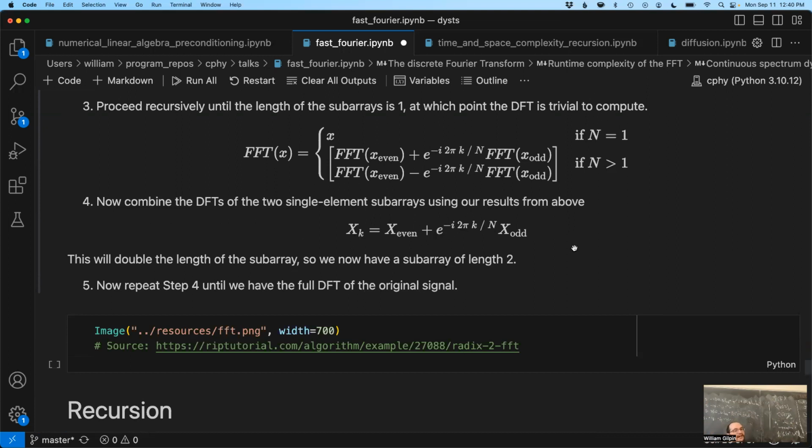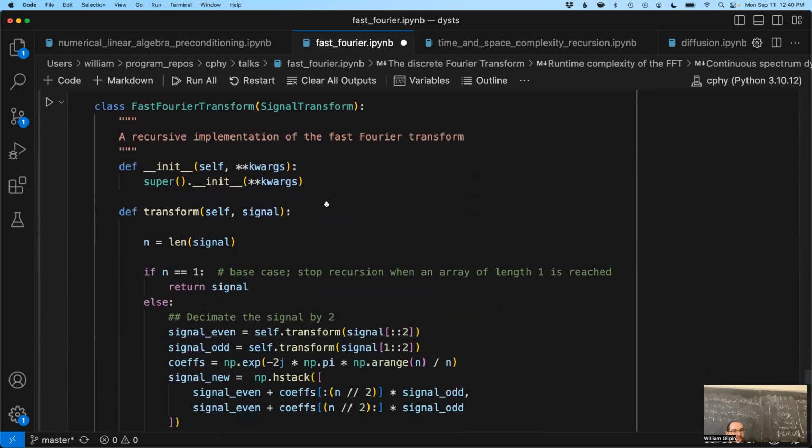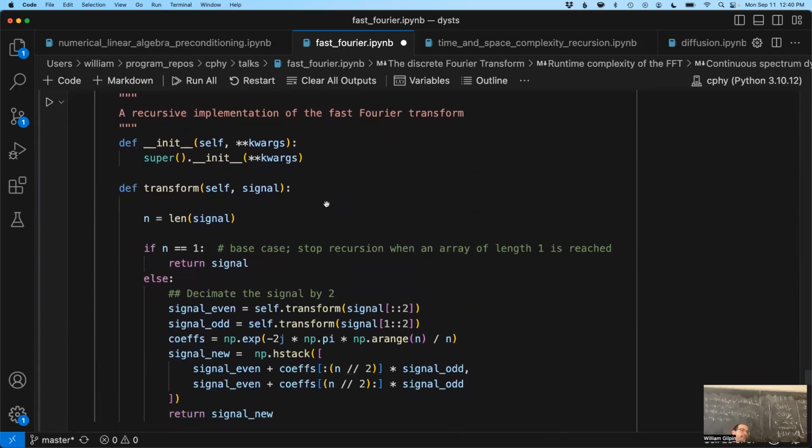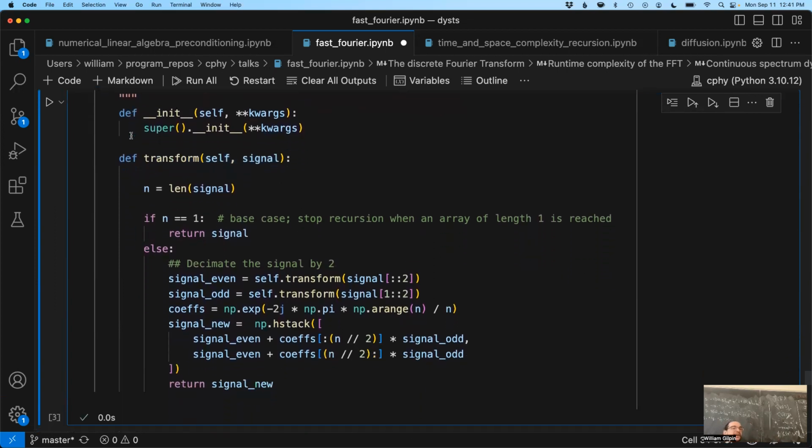So the math on that, I don't think is super transparent, but I think the code is a little bit easier to see. So my fast Fourier transform implementation, just like my DFT, has a transform method, but now I'm going to write something different here, and I'm still going to inherit from my same signal class. So this is going to have a recursive structure where I'm going to pass my DFT my signal. It's going to get the length.